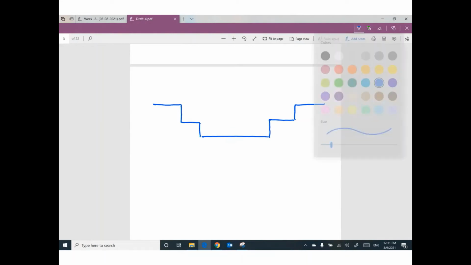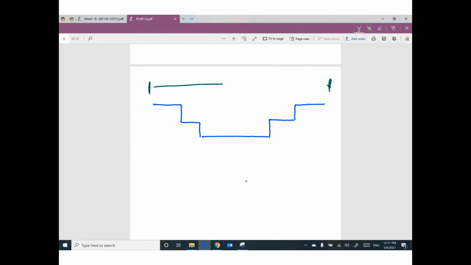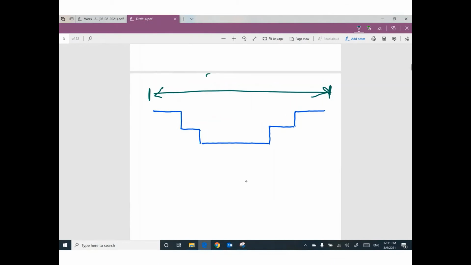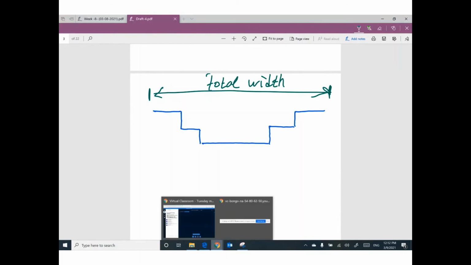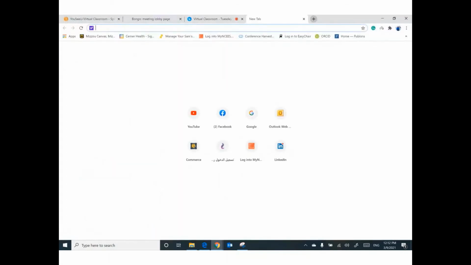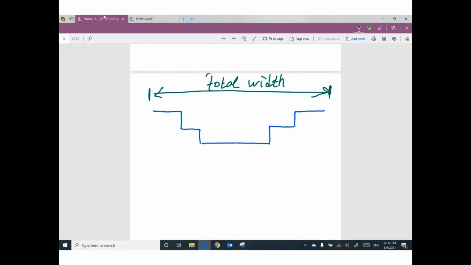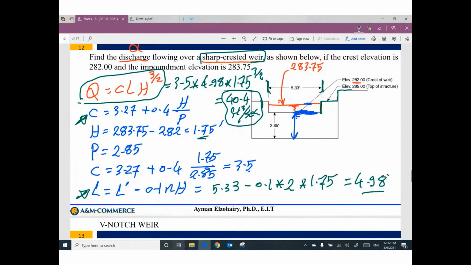Contraction means we have the total width between this point and this point. We did contraction in the cross section. Probably I can show it one more time for this video. Okay, just a second.